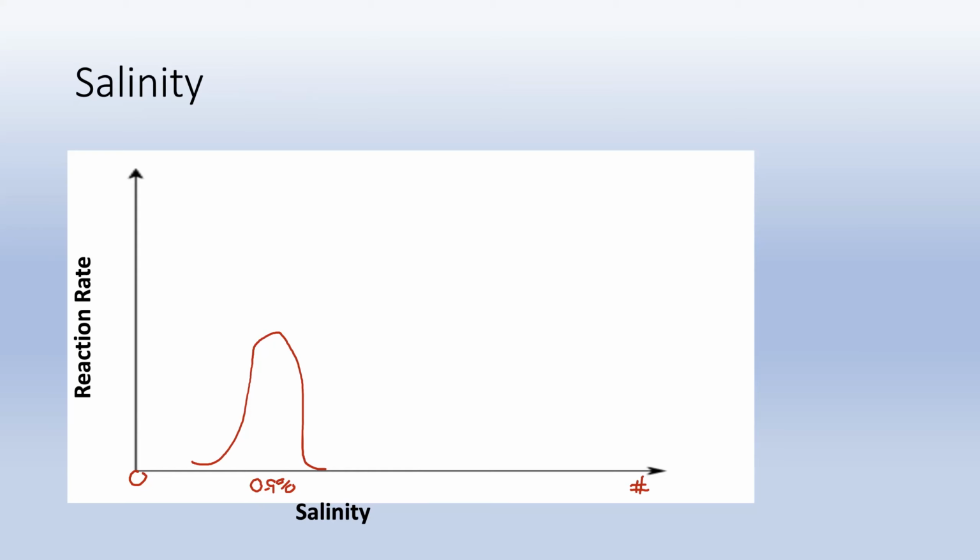On the other hand, if your salt concentration is too high, the normal interaction of your charged groups will be blocked, new interactions will occur, and again, your enzyme is going to precipitate. So an intermediate salt concentration, like what we have here at 0.9%, is going to be optimal for many of your enzymes.